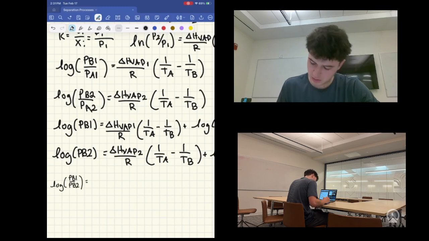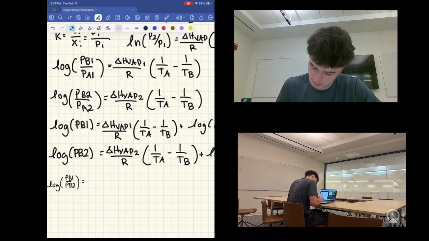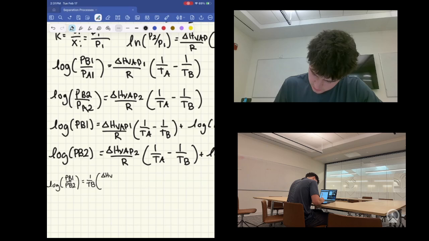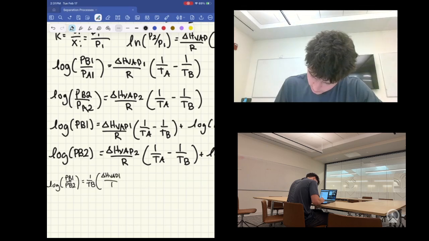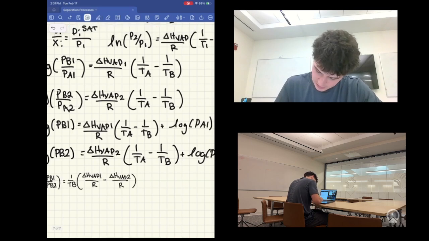Now, this middle term, we're going to separate out by TB and TA. So the first one, we're going to multiply everything by 1 over TB. And then on the inside now is going to be delta H vaporization 1 over R minus delta H vaporization 2 over R. And we will do this again.